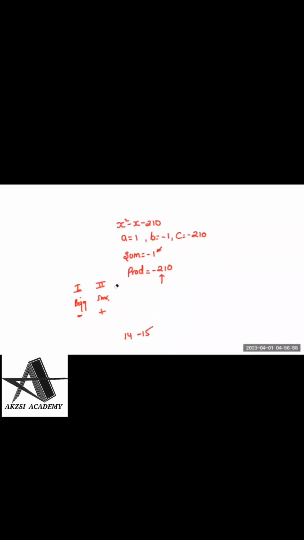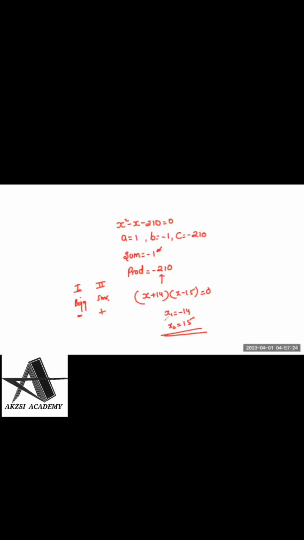And if the sum is negative 1, that clearly means the two numbers are consecutive. So (x plus 14)(x minus 15) equals 0. From here, x1 is equal to negative 14 and x2 is equal to positive 15. So this is how you can solve any type of question through the factorization method if it's easily done by it.